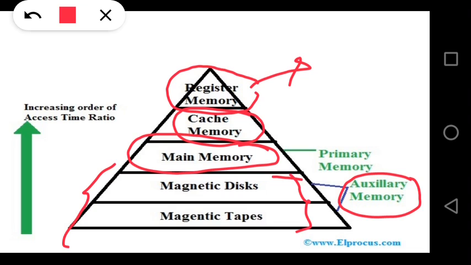See, if you look at the pyramidal structure, it says that the volume of the CPU registers is lesser when compared with cache memory, and when it goes down from register to cache memory to main memory to auxiliary memory, that is magnetic disk and magnetic tape, you can observe that the capacity, the amount of data that can be stored, is getting increased.